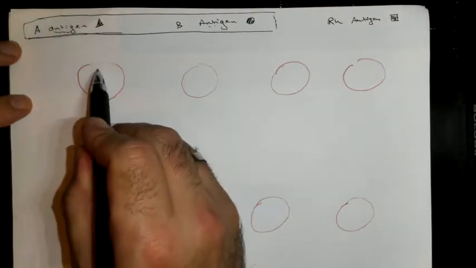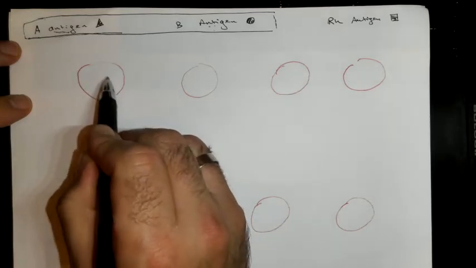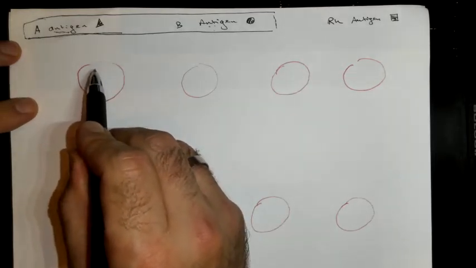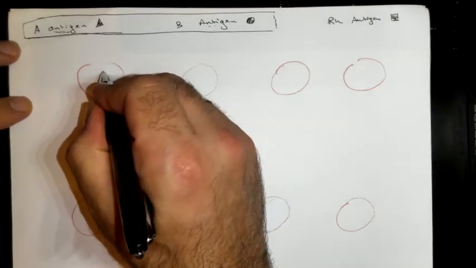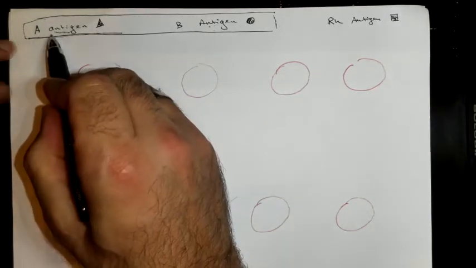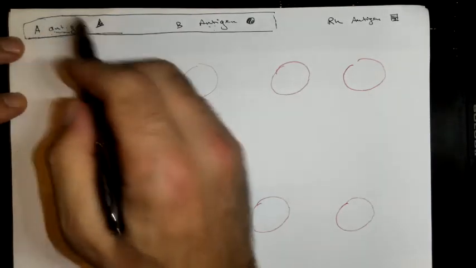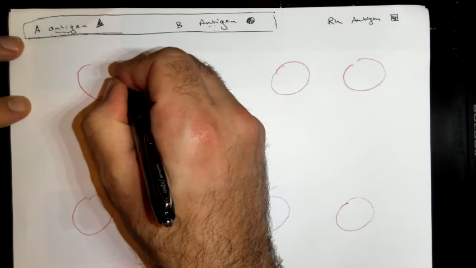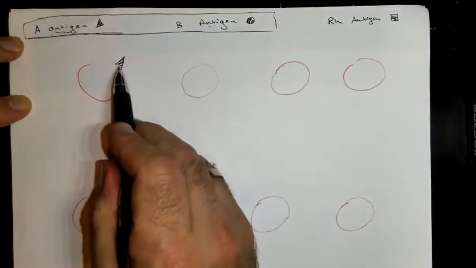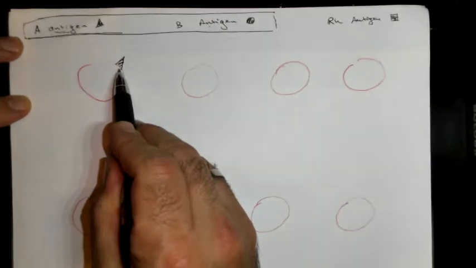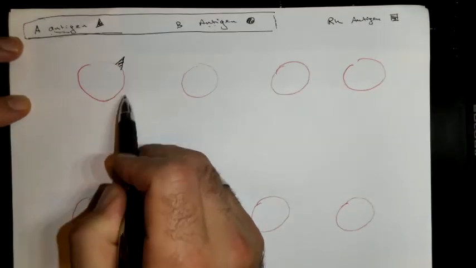So let's just say that this is an individual, and this individual has this blood. And let's just say that that individual has the DNA gene for the A antigen/protein. And therefore this individual ends up putting that protein onto its cell membrane. And this is basically just a name tag for that cell.